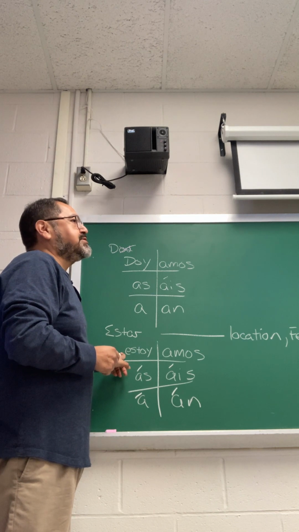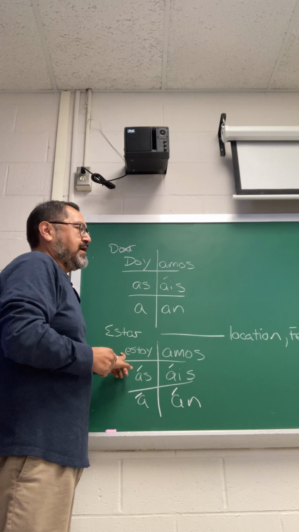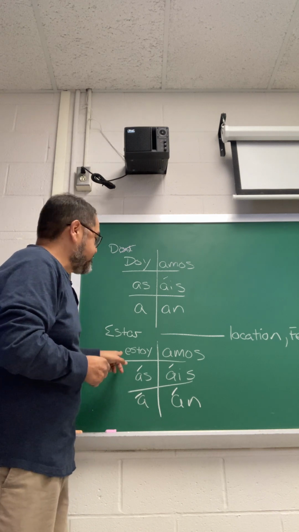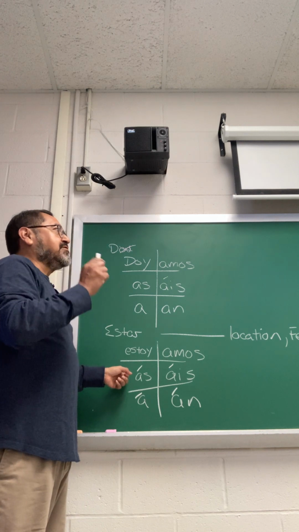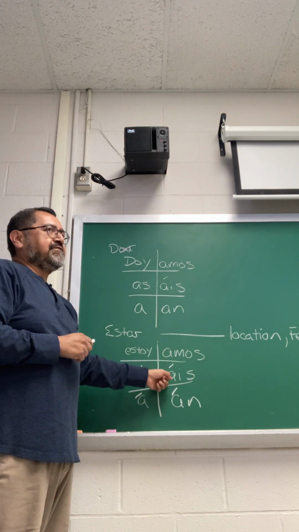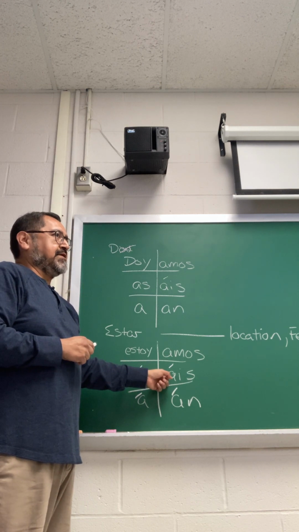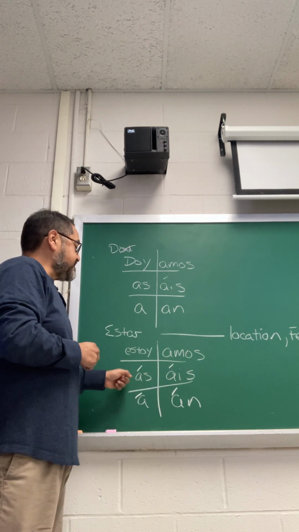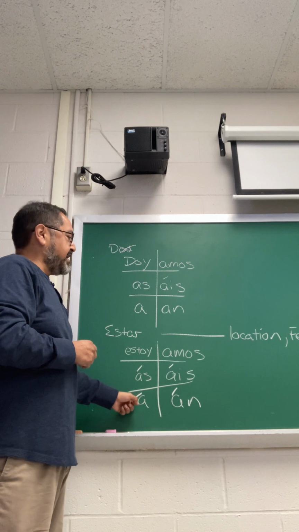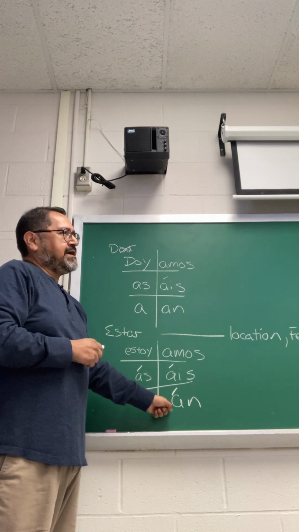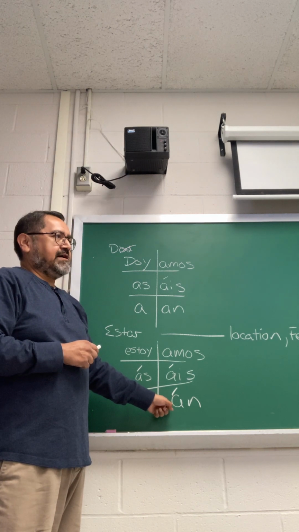Everything else is just a regular AR verb. But with estar, let me back up. Normally with AR verbs, only the vosotros form has an accent mark on the A. With estar, the tú form, the él, ella, usted form, and the ellos, ellas, ustedes form all have accent marks.